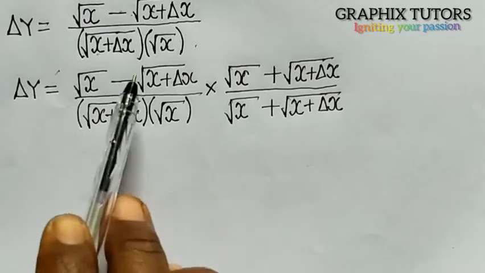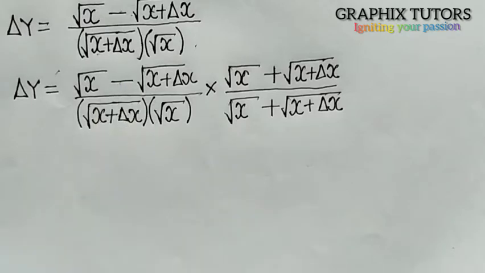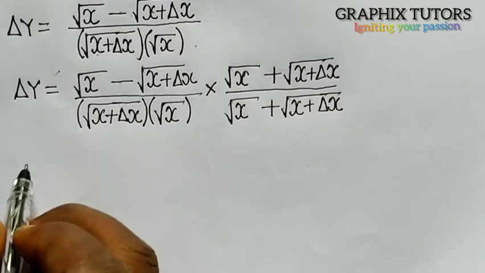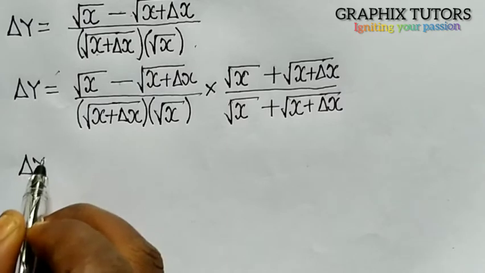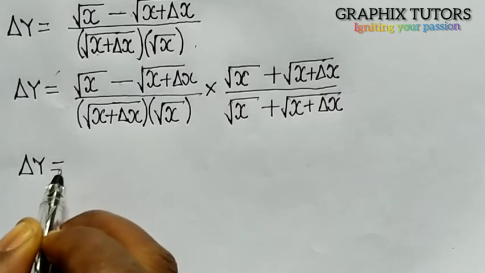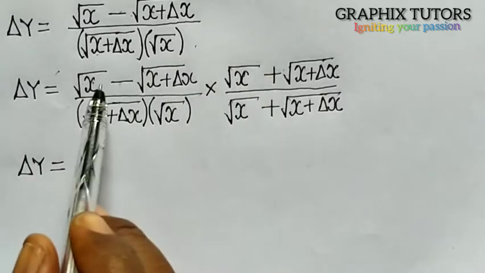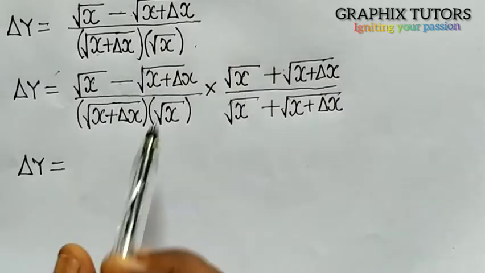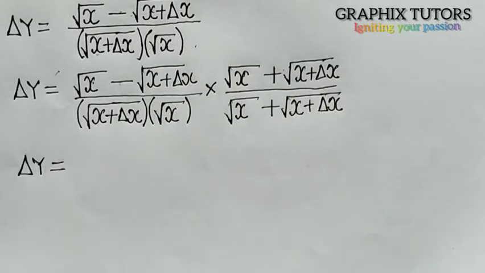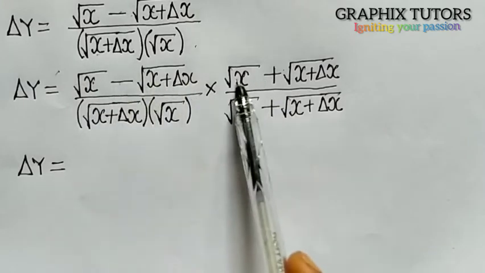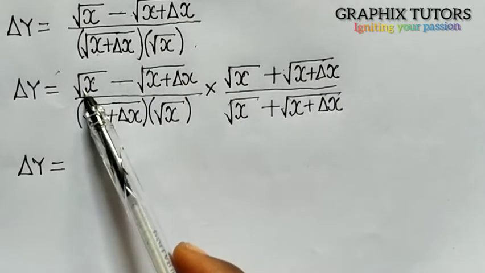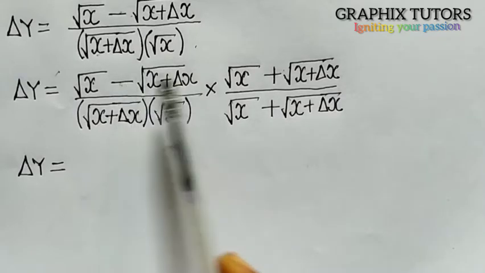now if you see, this is the conjugate of this, so we are going to multiply both of them. So delta y will now give me, now if I open the bracket, if I expand this, I'm going to get what I'll get now. But if you look at this closely, this numerator here and this here are the same thing, but what separates them is just this is negative and this is positive.